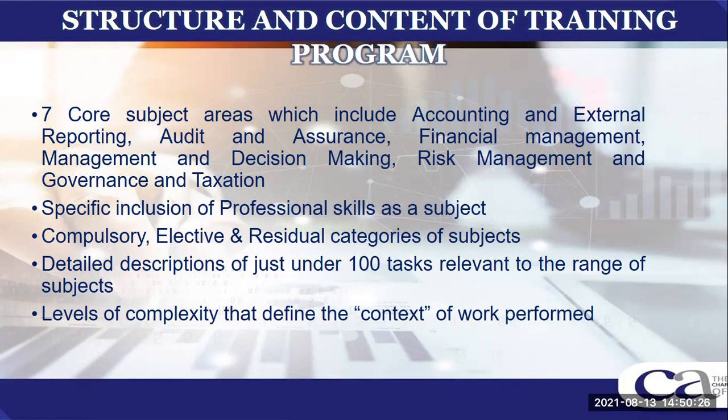So all trainees are required to gain exposure to the 7 core subject areas. However, the extent to which they must display competency depends on the nature of the industry the training office is in, and the business model of the training office as well.